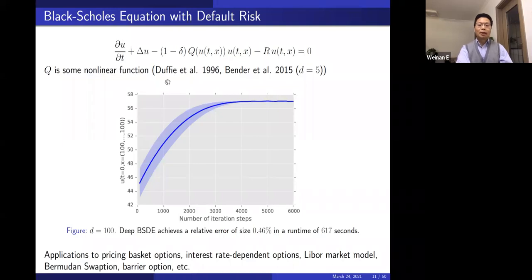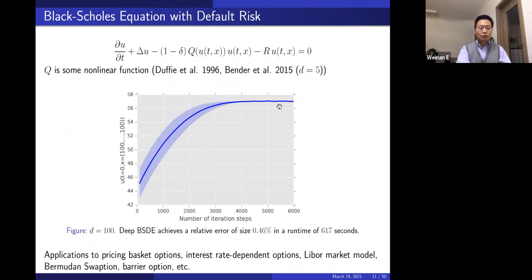Also a classical paper by Duffie. And they solved, in this paper, this kind of a PDE for dimension 5. By the way, this is a cubic nonlinearity, which I didn't write down. And here we solve this PDE for dimension 100. And you can see it converges pretty well.